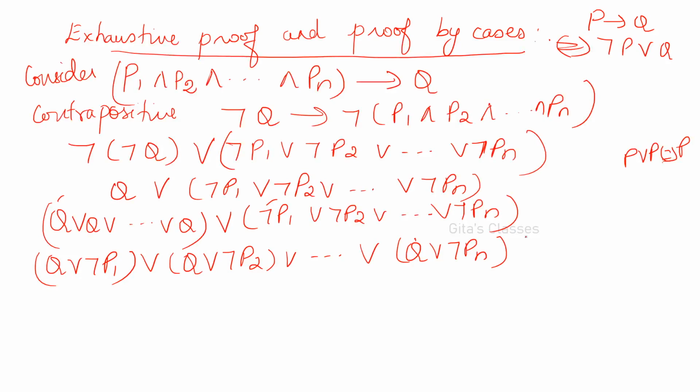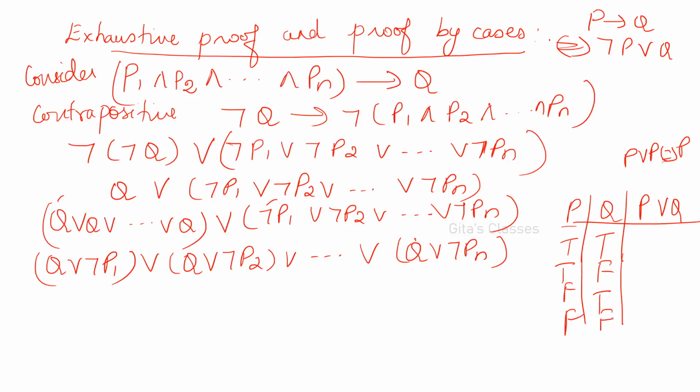Already we have seen, suppose you have P and Q, what is P or Q? For the values T, T, F, F and T, F, T, F, if both are false, then only it will become false. Otherwise, if one is true also, it will become true. Similarly, it can be extended for P, Q, R or any number of variables, even for n variables.